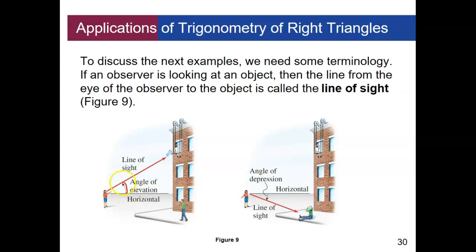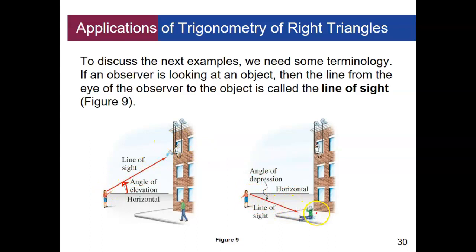So angle of elevation is looking up. We have the horizontal, we have our angle of elevation, and then whatever they're looking up to. This person's up here, they're looking up to that, so that's the line of sight looking up. So we've got the horizontal going straight across and the line of sight going up here.